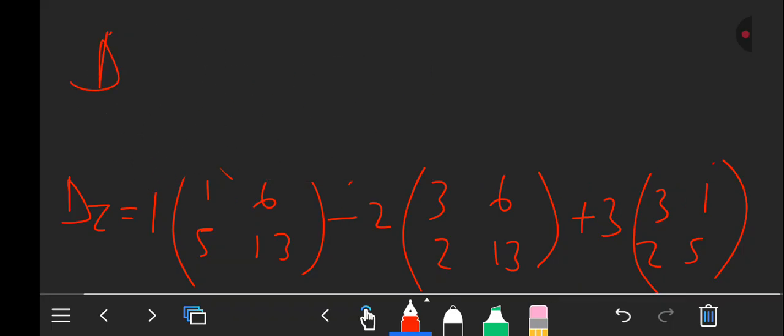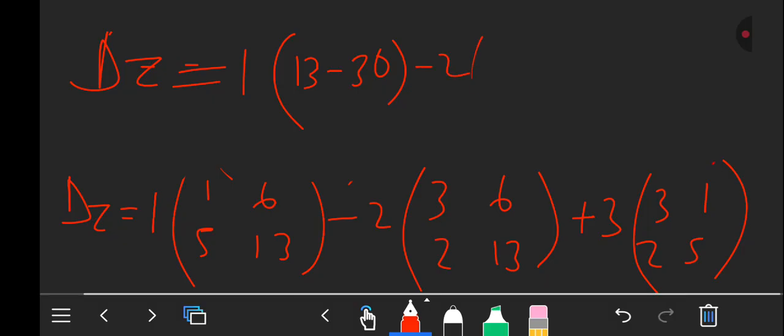So determinant for Z will be equal to, that is 1, this is 1 times 13, that is 13. So 13 minus 5 times 6, that is a 30.